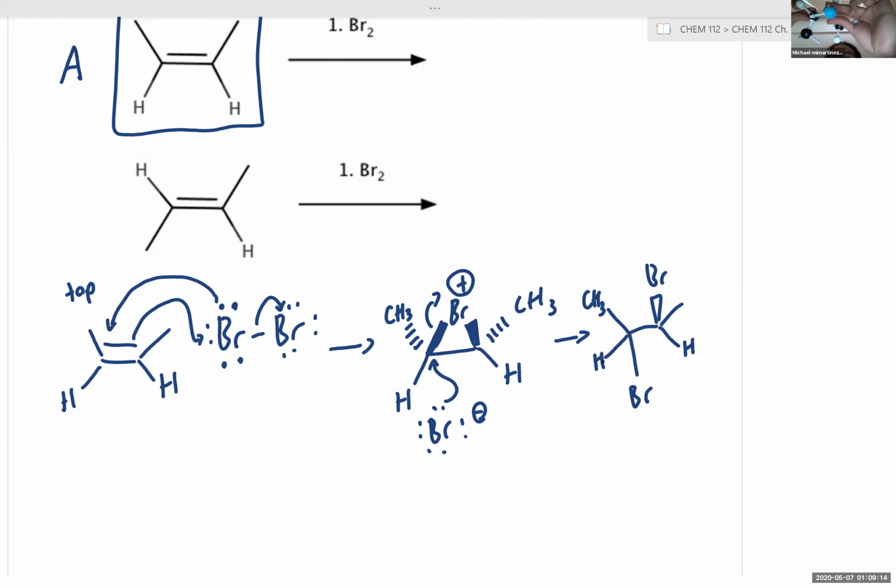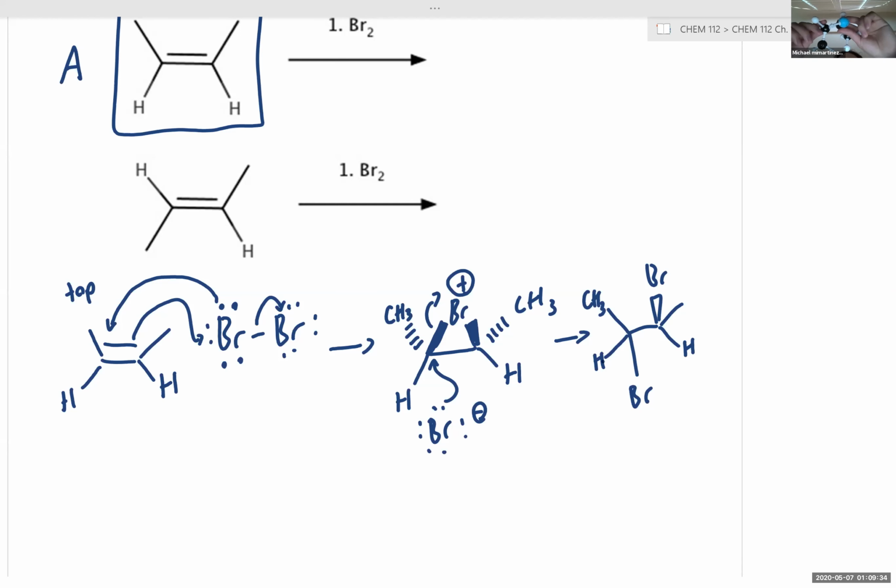Okay, here we go. As we notice, first and foremost, one of our bromines is pointing towards us. That's from our bromonium intermediate. The other bromine is pointing away from us.